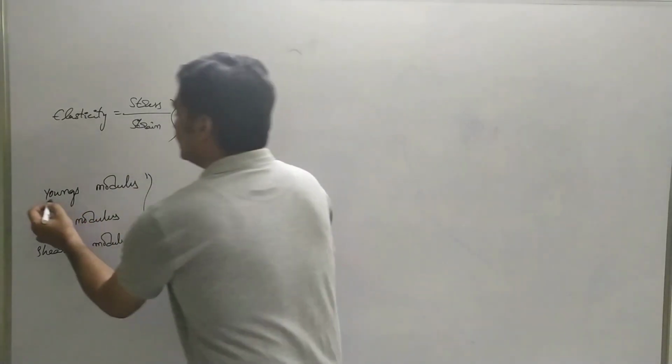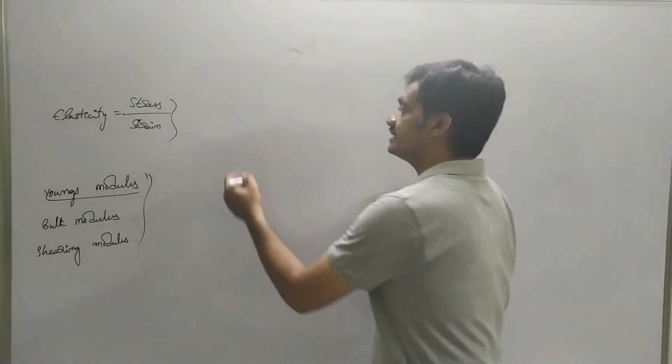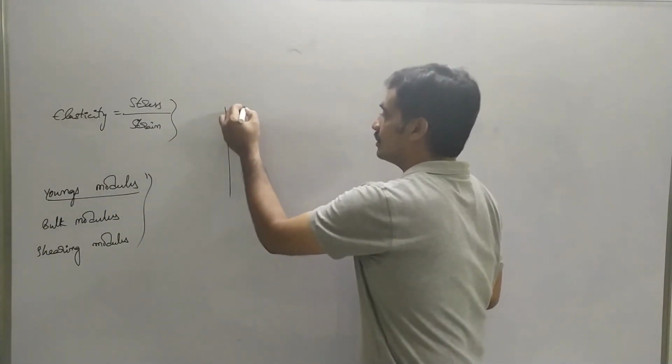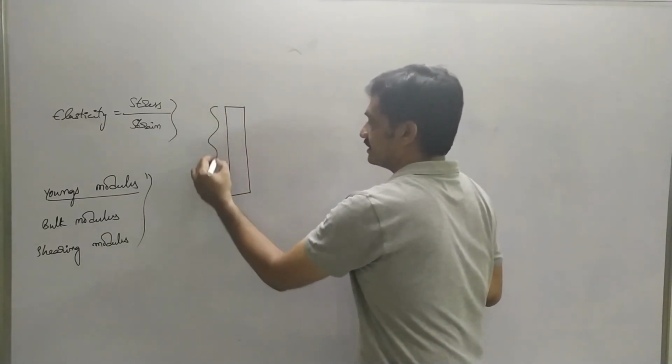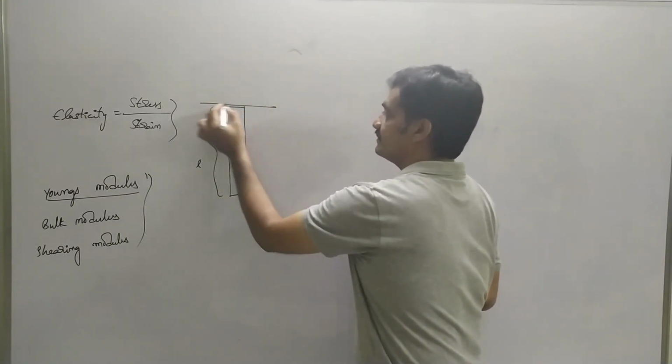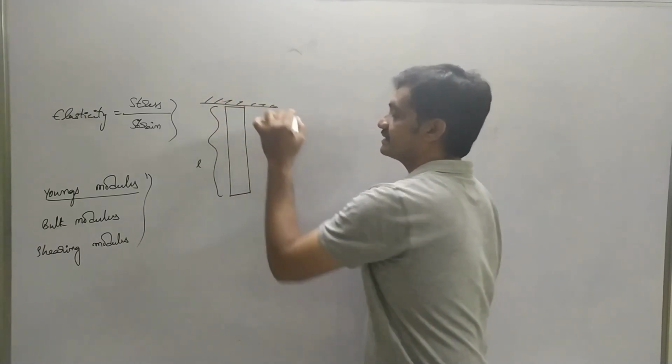Let us discuss Young's modulus. For this, we consider a rod of length L, which is fixed at the upper end like this.